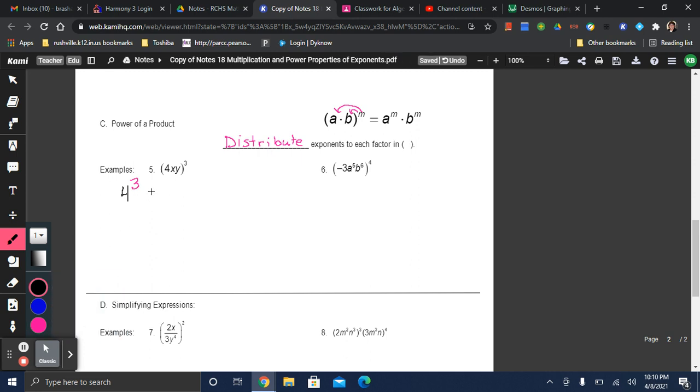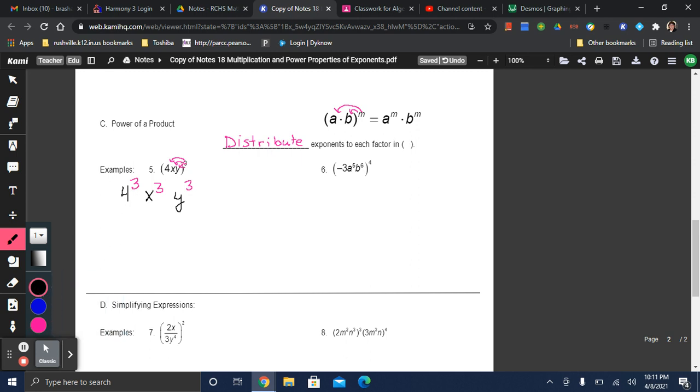Our base x will also be raised to the 3rd power, and our base of y will also be raised to the 3rd power. So the 3rd power will distribute to each factor. And then the 4 to the 3rd power, we can simplify.